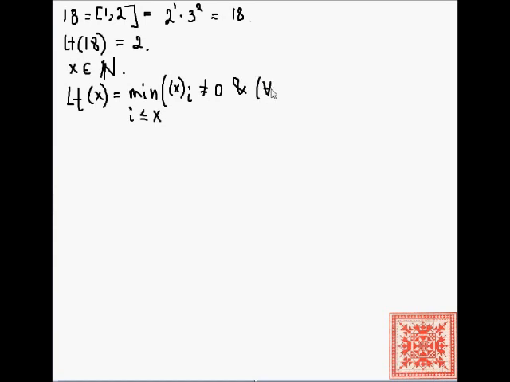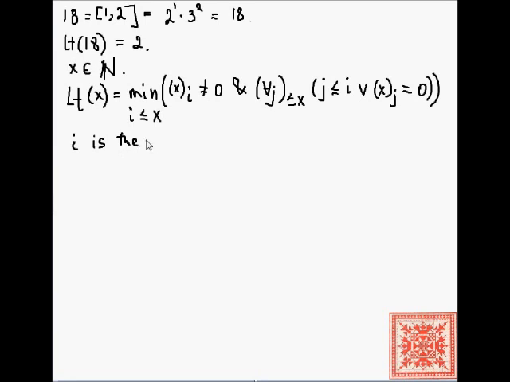So the length of x is the least i such that the ith element of x, that's the accessor function that we covered in the previous screencast on Gödel numbers in part 3, is not 0, and for any index j such that j is less than or equal to x, either j is less than or equal to i, or if it is greater than i, then the jth component of x is equal to 0.